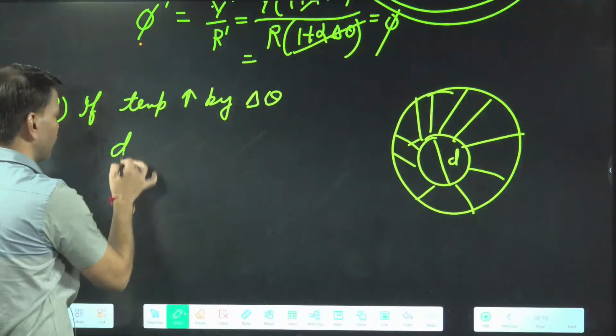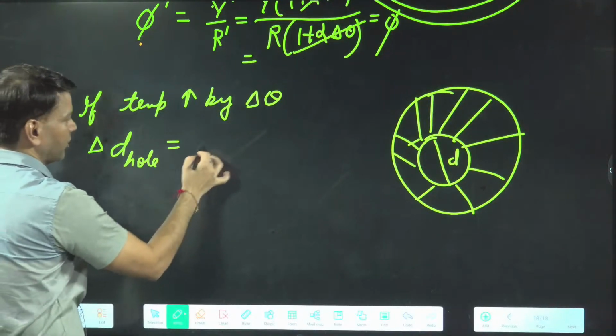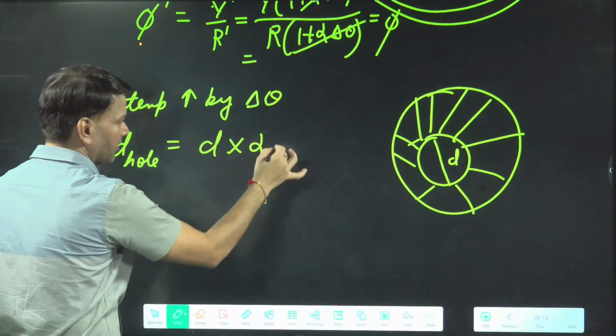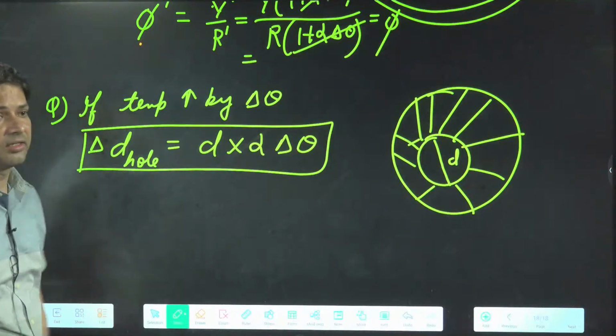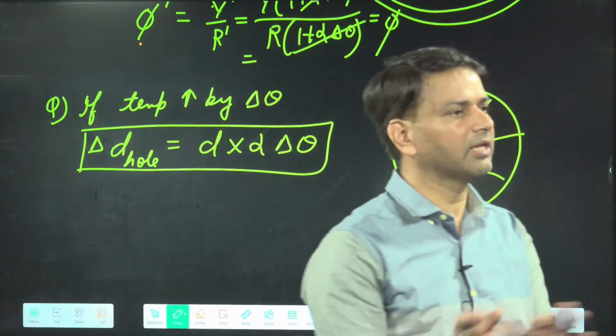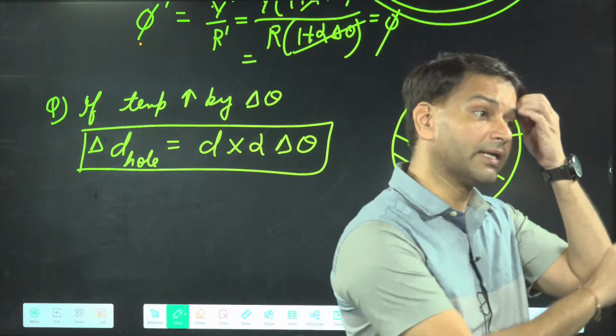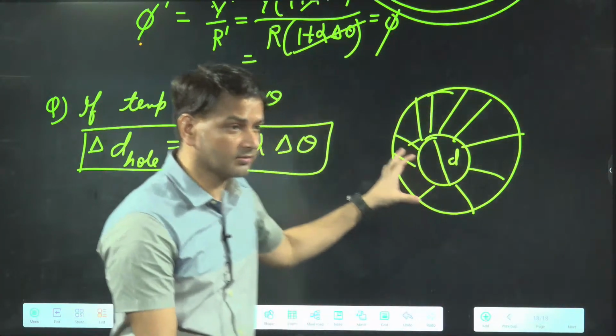So delta d of the hole, we can say, is d into alpha into delta theta. Like delta L is equal to L alpha delta theta. Most of the problems ask for the change, and the delta L formula is L alpha delta theta. Diameter is also a linear length.